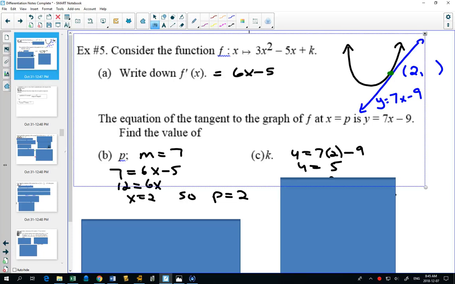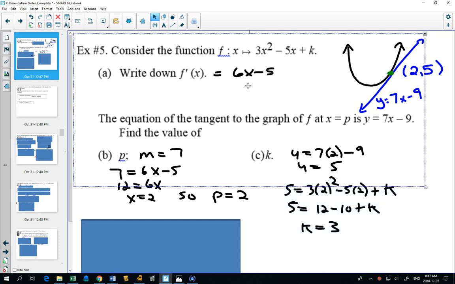If it's also on the line, then we would plug in 2 into y equals 7x minus 9, and we could find out that the y coordinate is 5. So I can label this point as 2 comma 5, and now that I know that point is also on my parabola, I could plug in 2 for x and 5 for y into my parabola, and then I could solve for k.